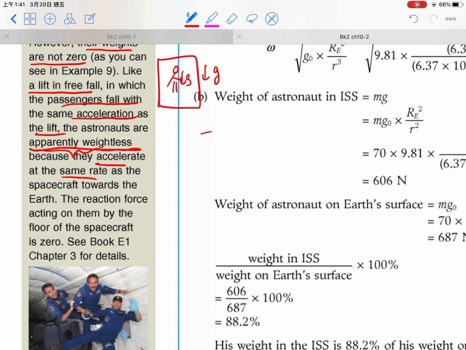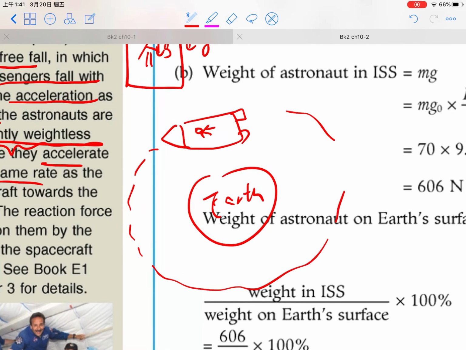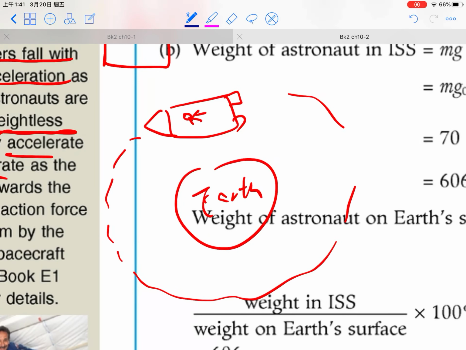For the astronaut, it will be the same. Imagine there's a rocket revolving around the Earth, and there's an astronaut here. The gravitational force provides the centripetal force, so you accelerate towards the center of the Earth.